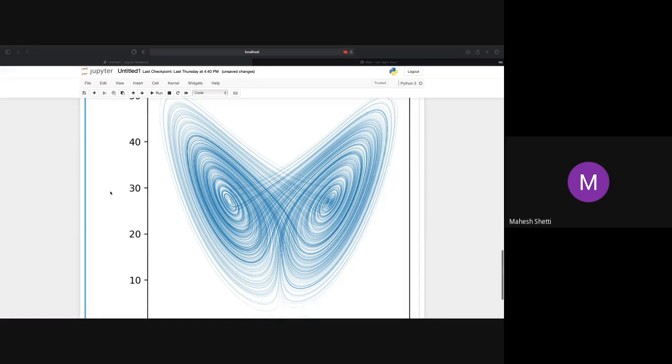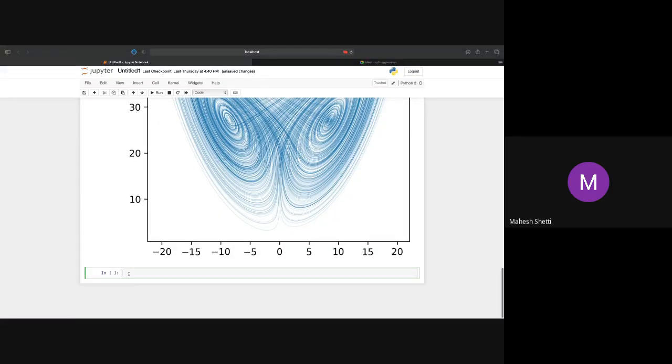Yeah, so for plotting it in 3D, we'll define a function, Lorenz. So let's say it's dx, dy, dz. Just a moment.